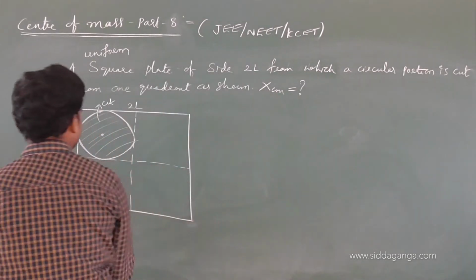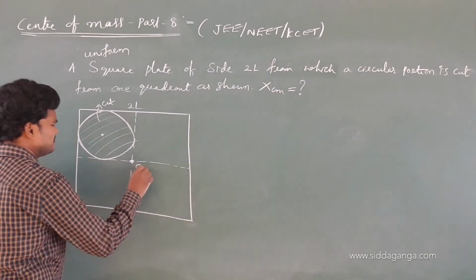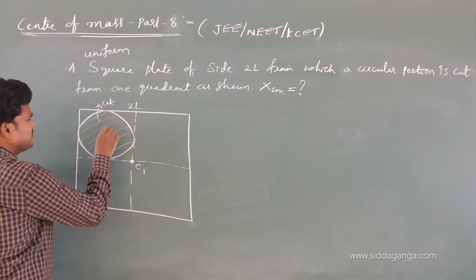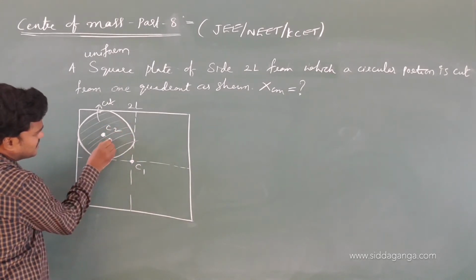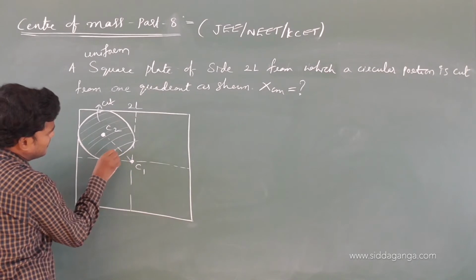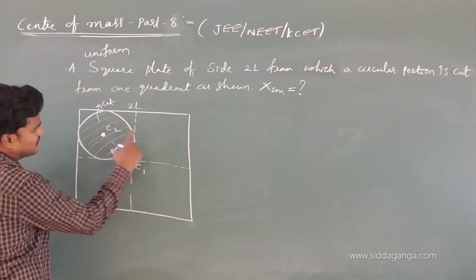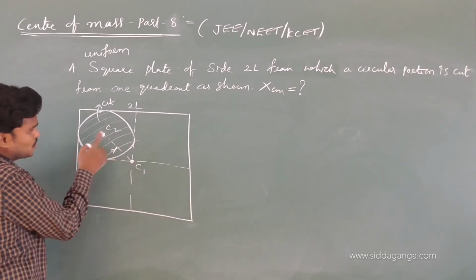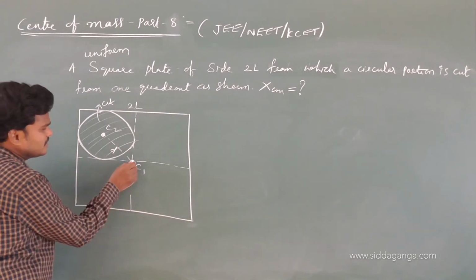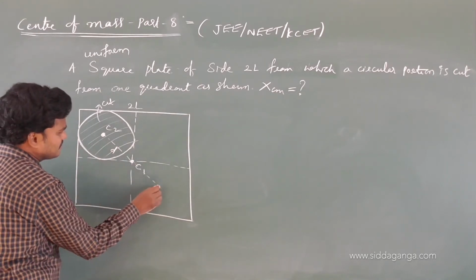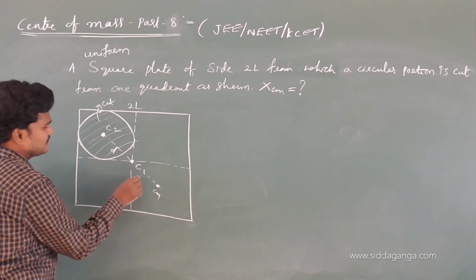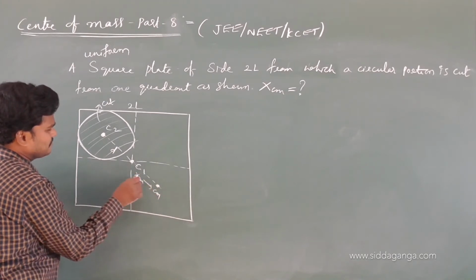Initially, the center of mass of this one is here, C1. Center of mass of this piece is also C2. The distance is again the same as in the previous problem. D is the distance. Why? Because this is L by 2, this is L by 2, this is L by root 2. So, C1, C2 distance is very clear. Center of mass will shift this side, XCM.